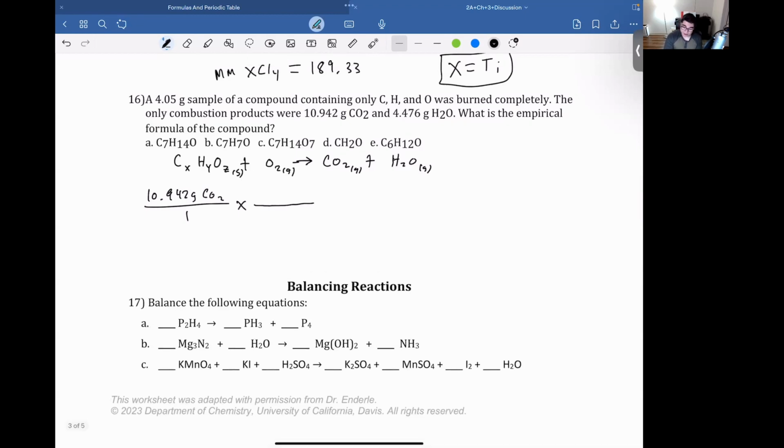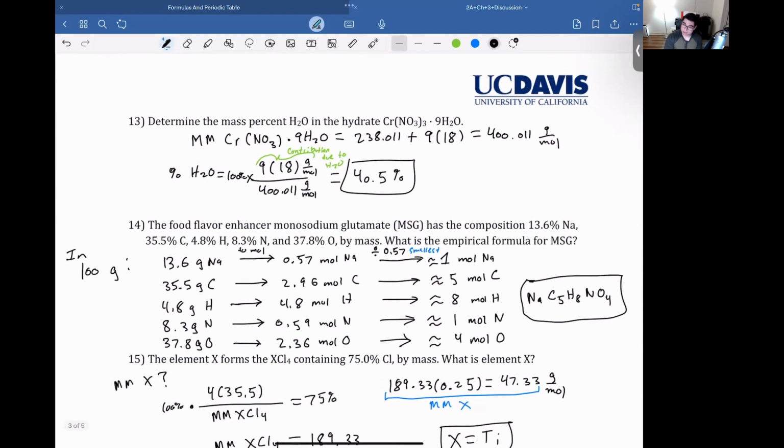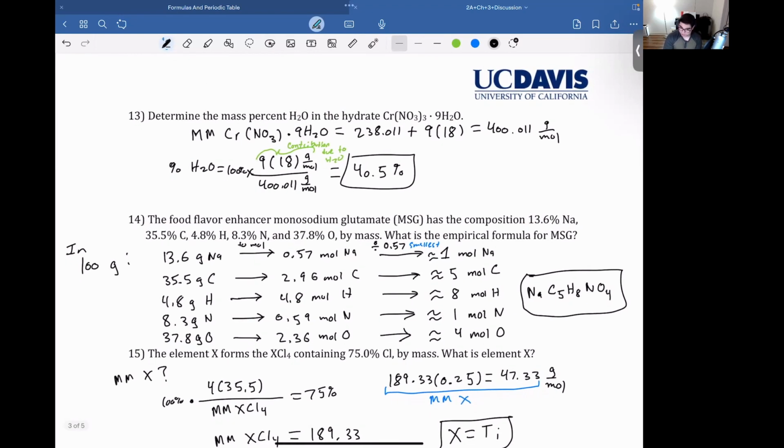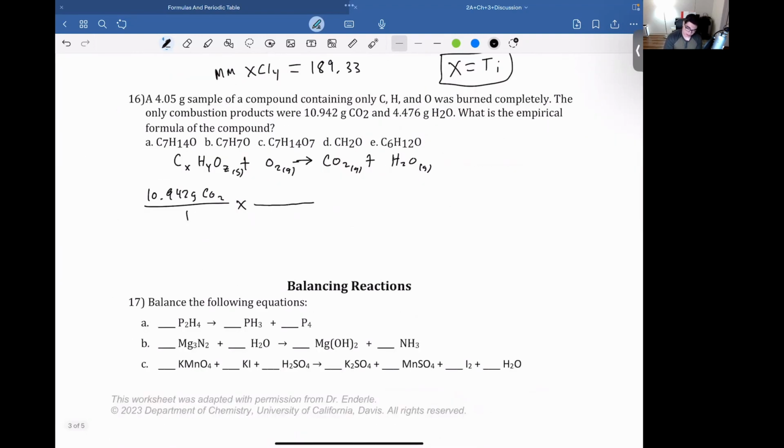And then how did we find that out before? Whatever the percent composition was, we figured it out by taking the contribution due to some element divided by the total. So in this case, this is going to be times 12. Carbon has 12 grams per mole. And then CO2 is 44 grams per mole.